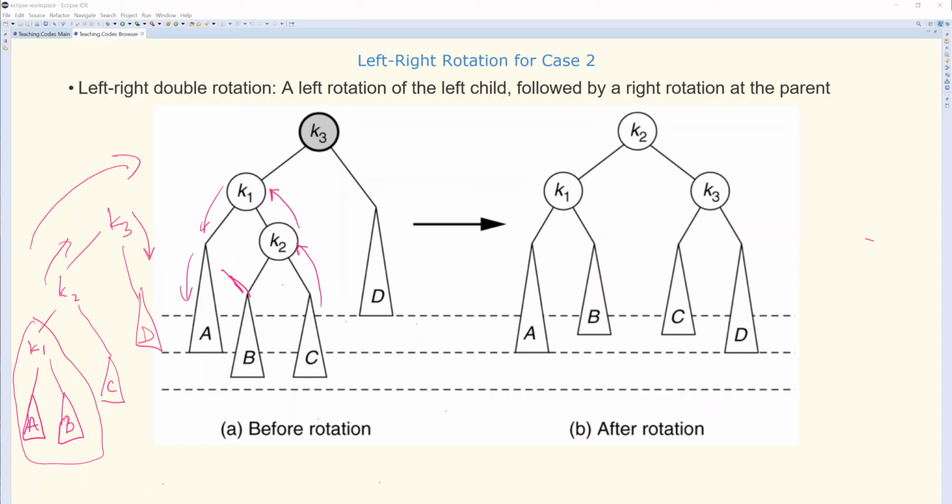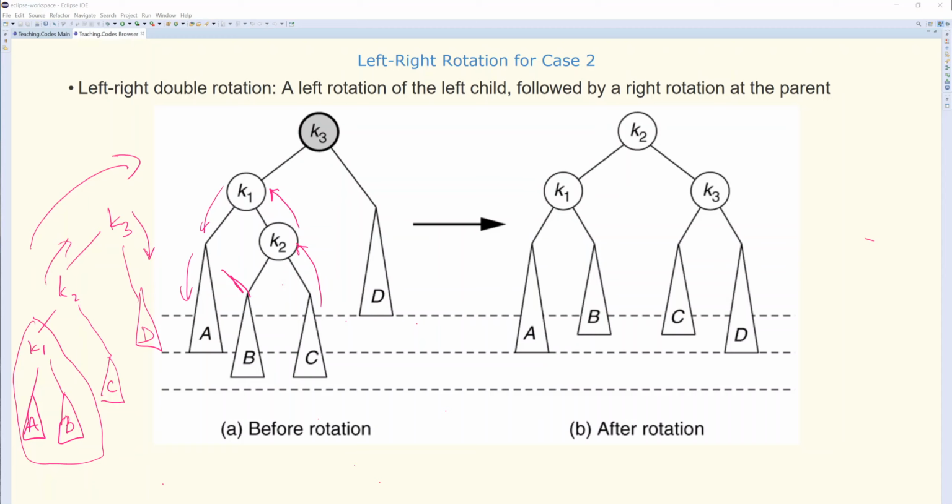K3 and D went down. C got adopted by the new node that came here, which was K3. And K2 went up together with its left child, which was the subtree rooted at K1. So with K1, it went up. When K1 went up, A and B also go up.